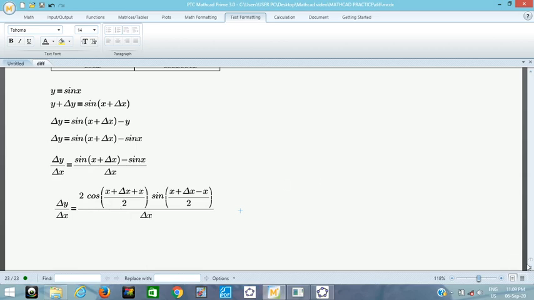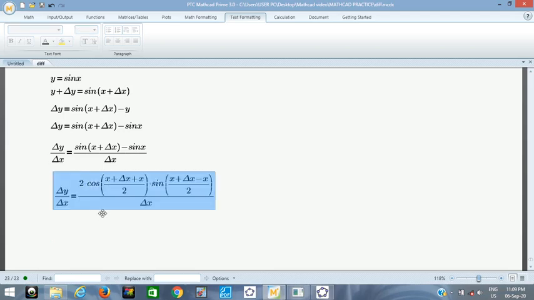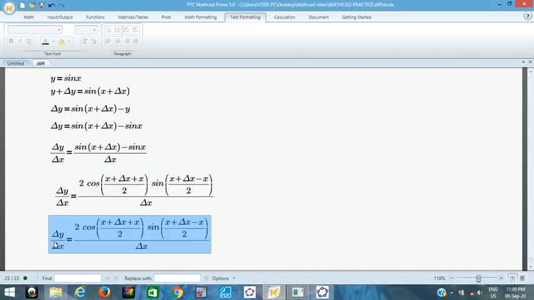So when you get this approach, what next? The next thing is, let's simplify this bracket. Since x and x are like terms, we are going to have 2x. So let me just copy it fast. So this is going to give us 2x, so this x will leave here.